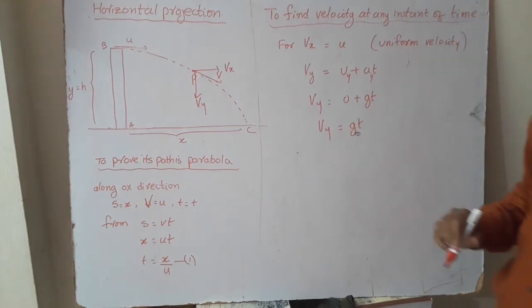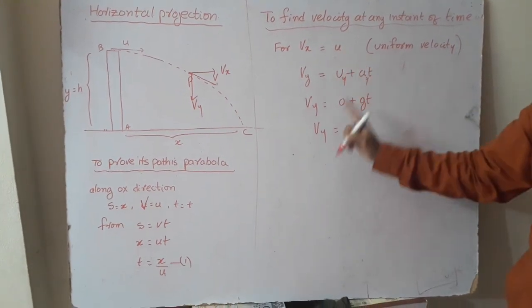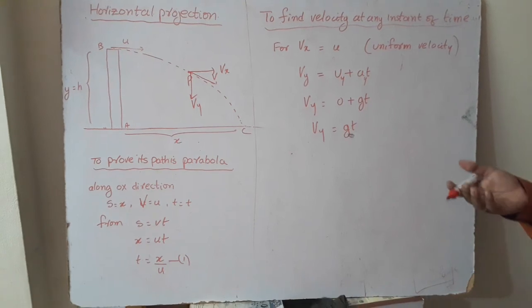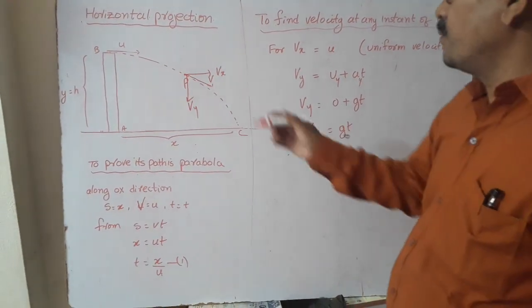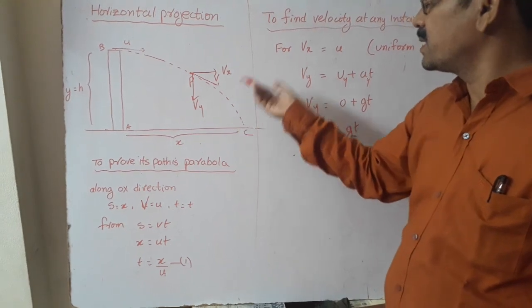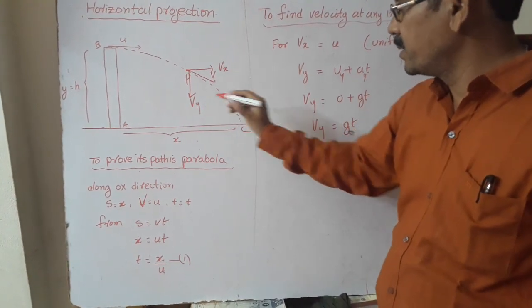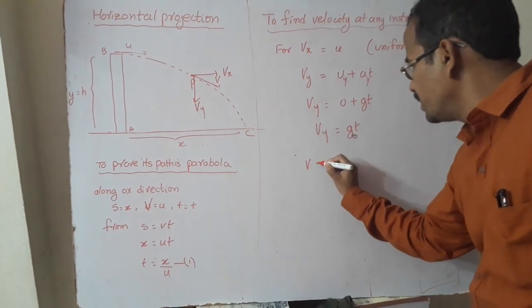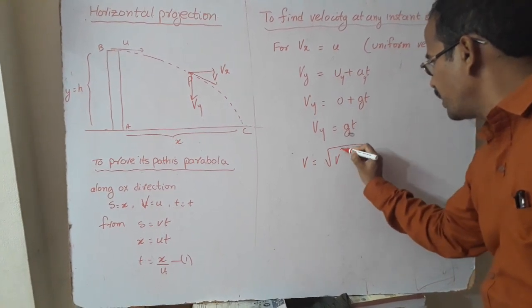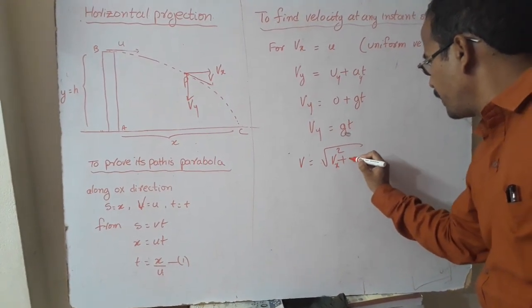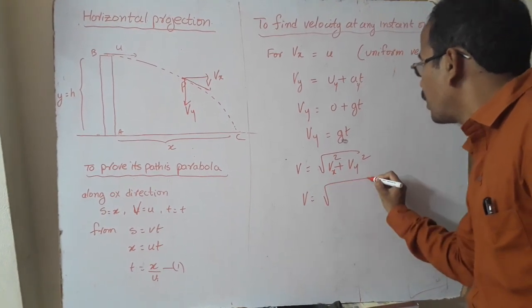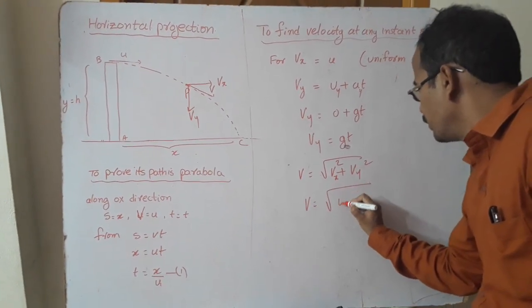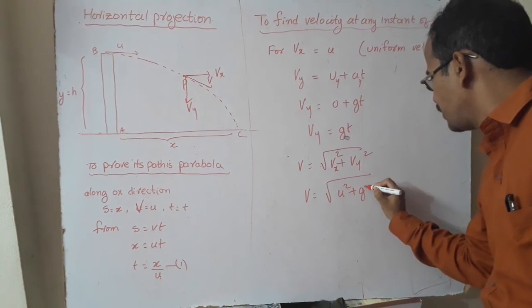So I determined Vx and Vy. Then I can find V value. How can I find V value? V is nothing but the resultant of Vx and Vy. So V is equal to root of Vx square plus Vy square. V is equal to root of u square plus g square t square.